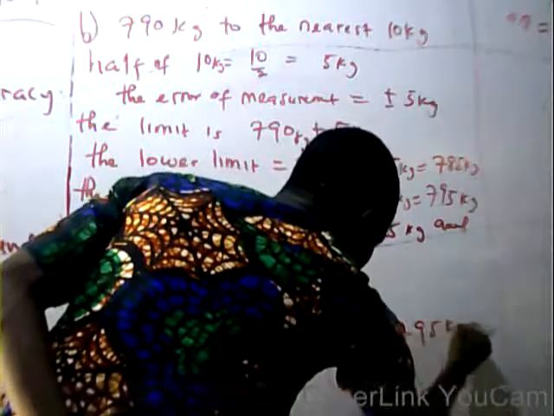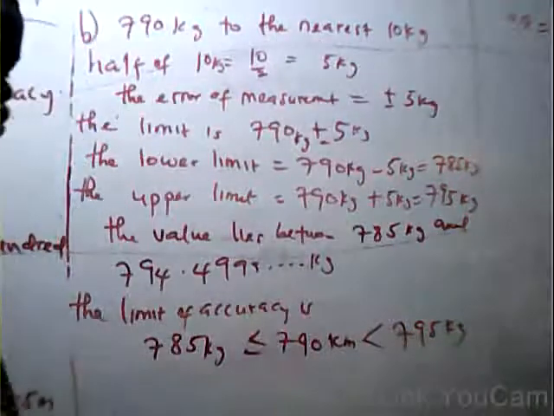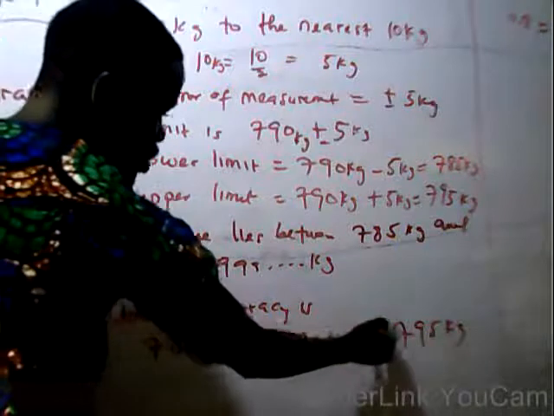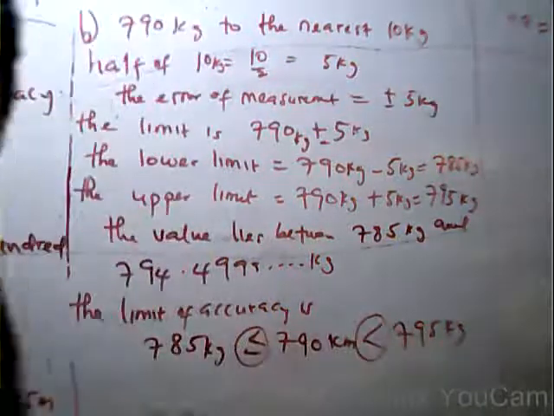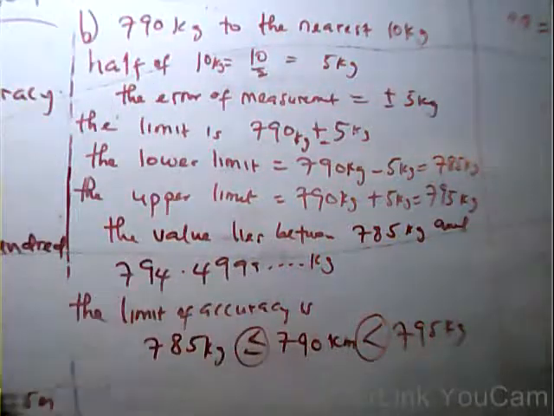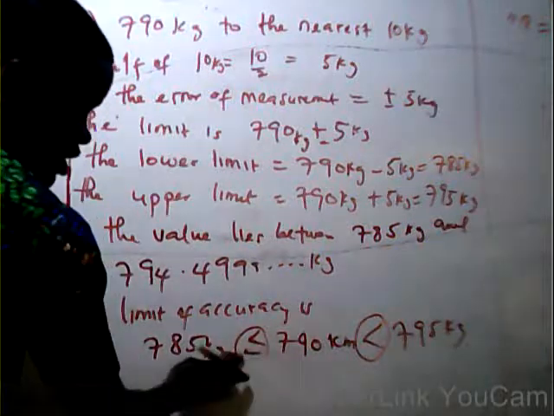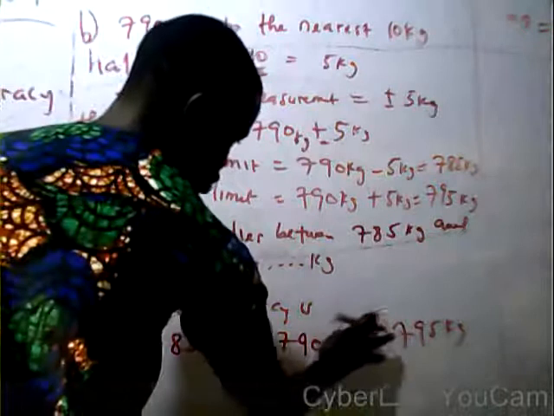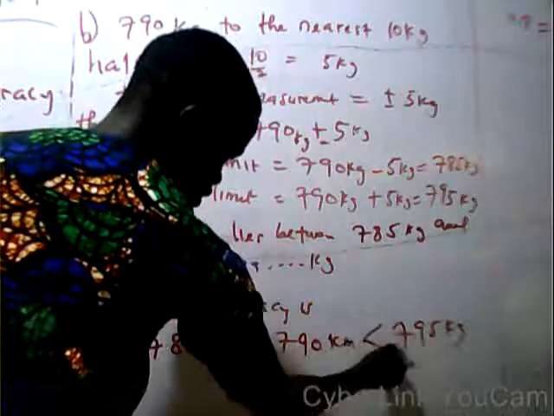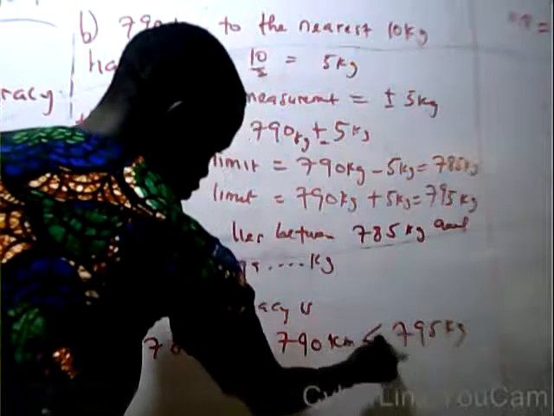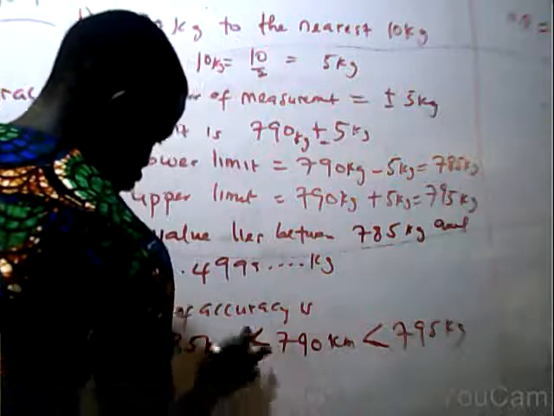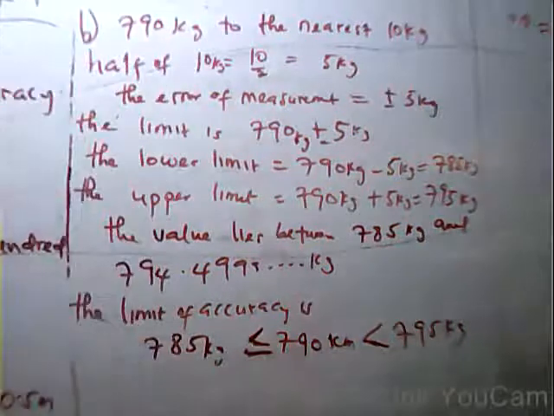So please take note of the sign. You see, this one is less than or equal to, and this one is less than. Are you getting that? Which means the range is not up to 795. So take note of it, please. So that is that.